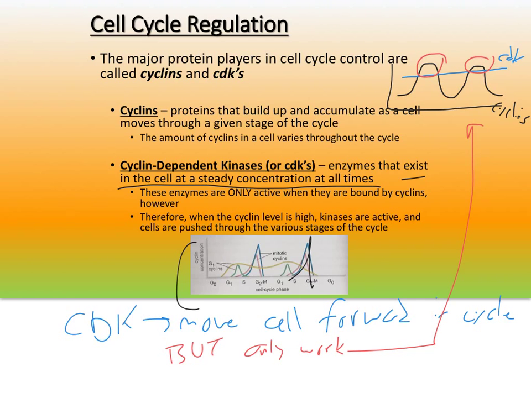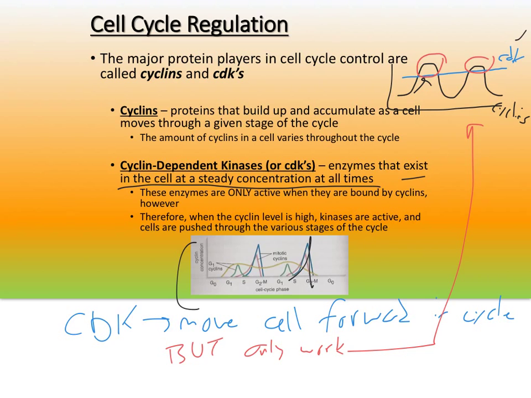So the way the cell does this is that if the checkpoint should be passed, if the cell is ready to divide, it will increase its cyclin concentration, which activates CDKs and causes the cell to push forward through cell division.